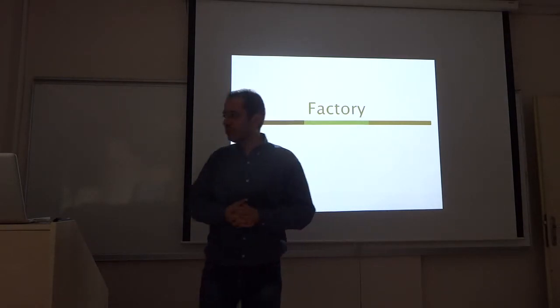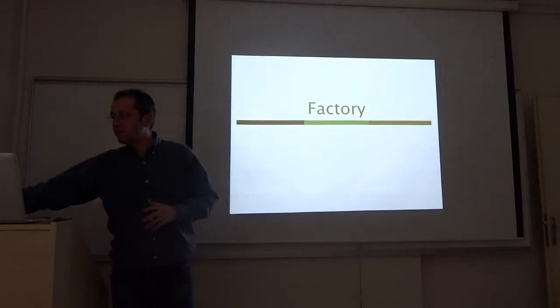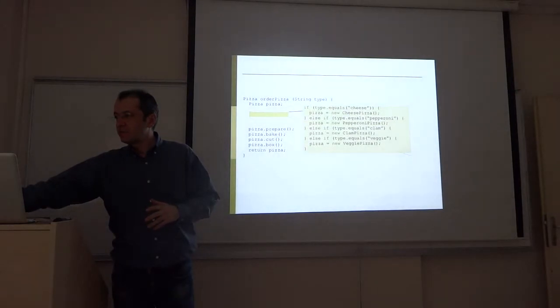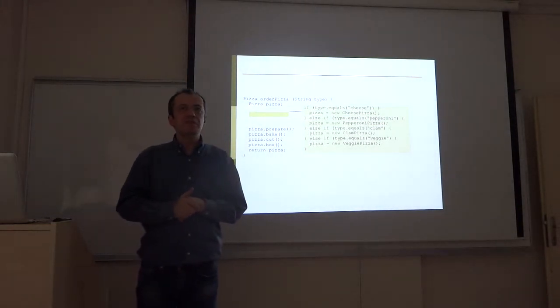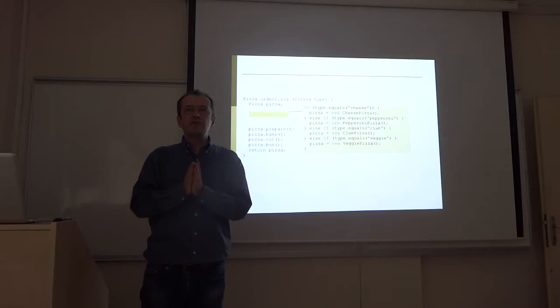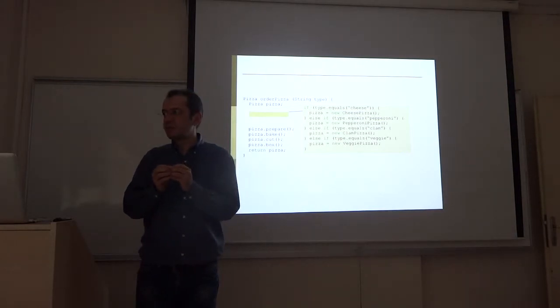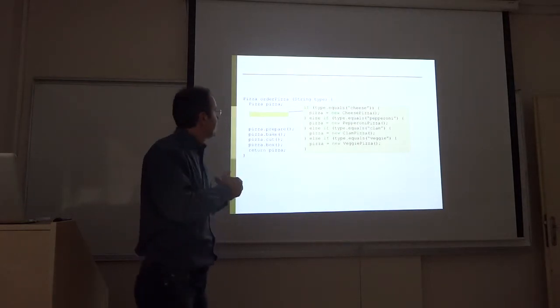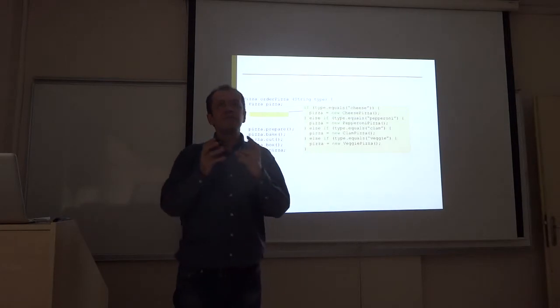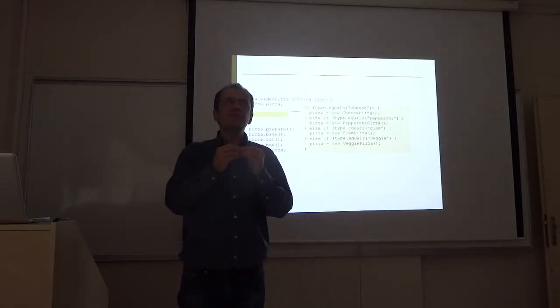Well, the factory is an object factory. So basically, if you are creating a pizza, but it is very complicated because it has a lot of ifs and elses inside it. For example, it could be in this constructor that there are a lot of things going on.